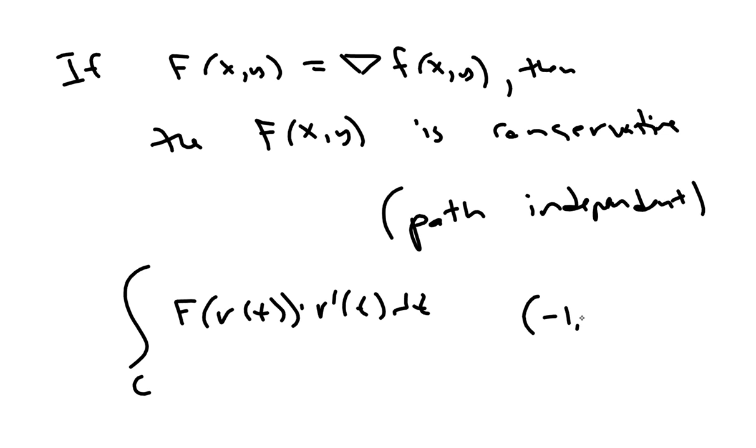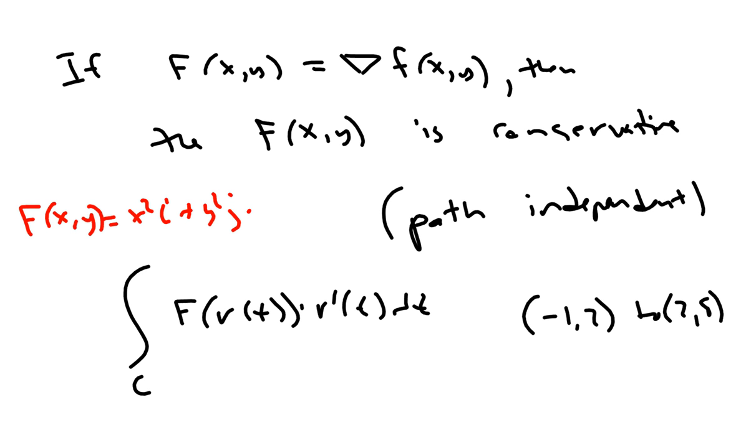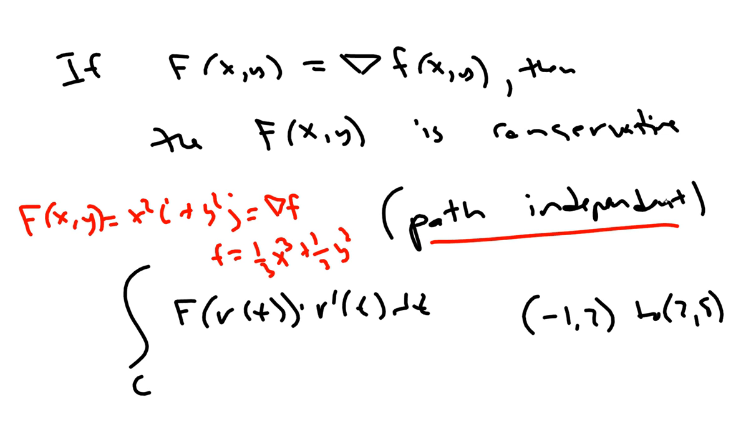Well, since this vector field that we're dealing with, F of x comma y equals x squared i plus y squared j, is equal to the gradient of f, where f is equal to 1/3 x cubed plus 1/3 y cubed, then it's a path independent vector field. So it doesn't matter how you get from this first point to this second point, the same amount of work is going to be done.